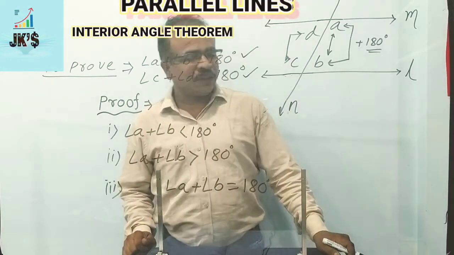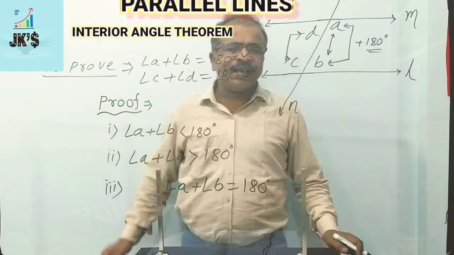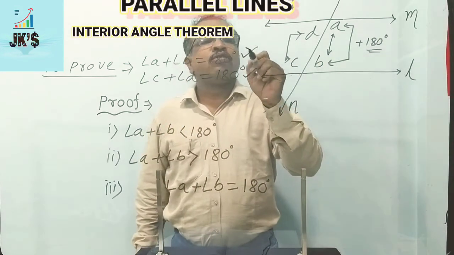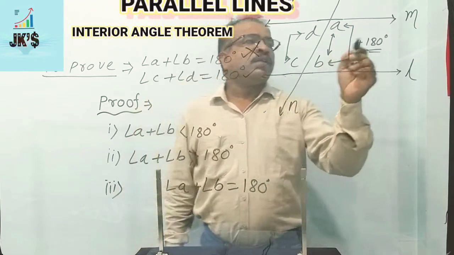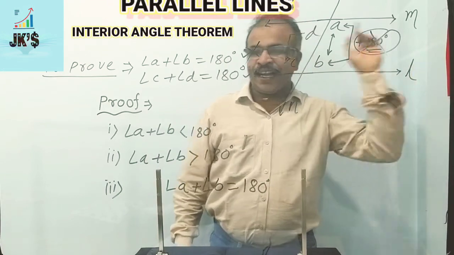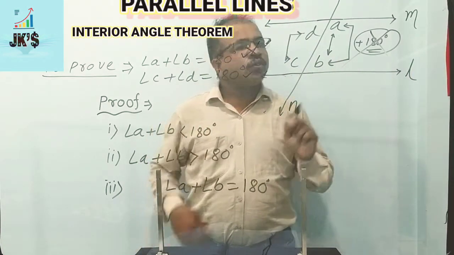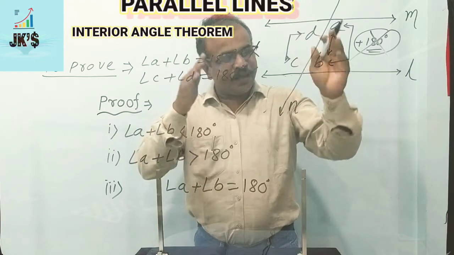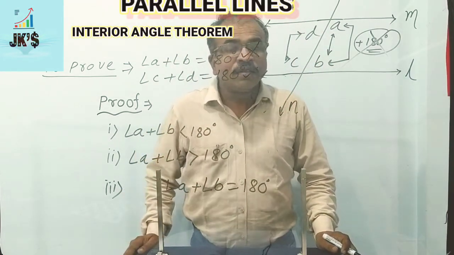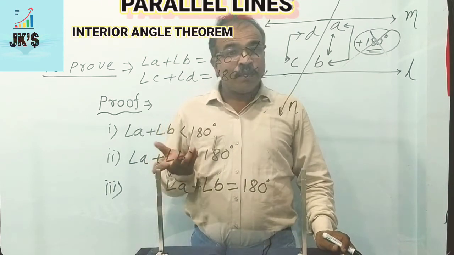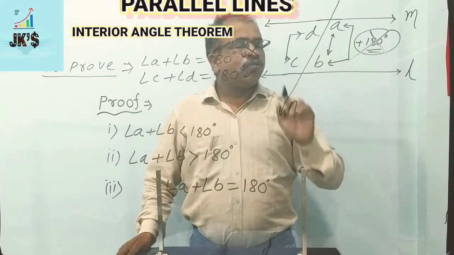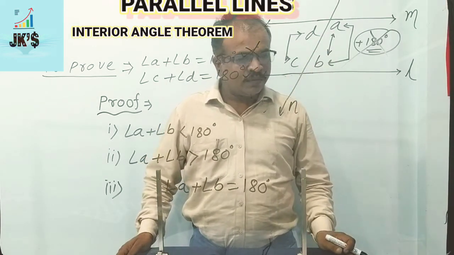So for this we consider that the sum of angle A and B is not equal to 180. We consider it for the indirect proof. If the sum of these two is not 180, there are different possibilities.